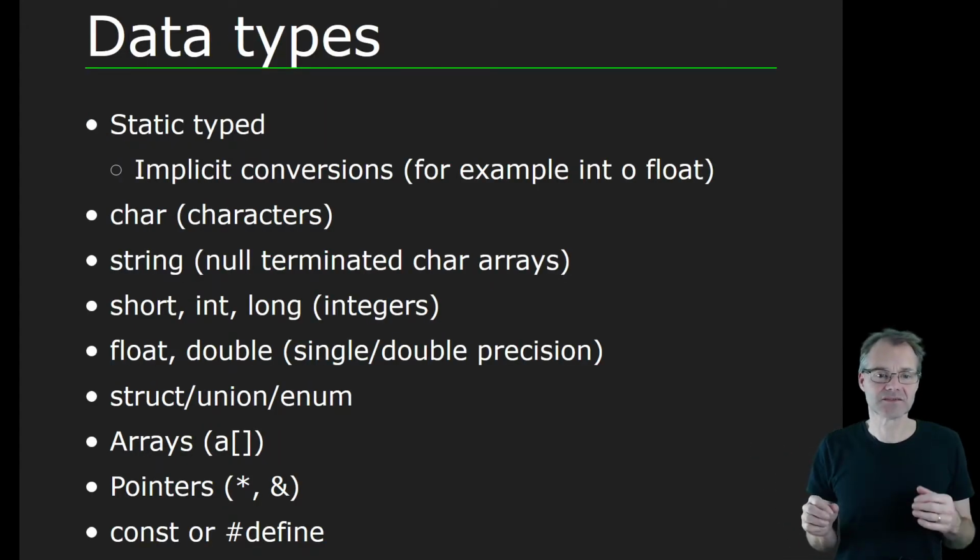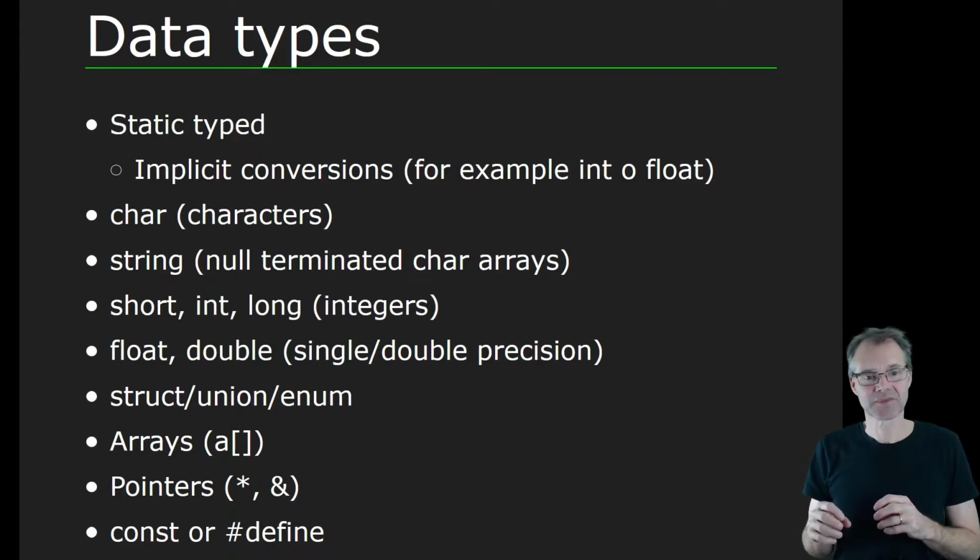Here is a list of data types, and let's quickly review them at this stage. C is a statically typed language, so we define the type for each variable at compile time, and then that variable should hold the same type all through the execution of the program.